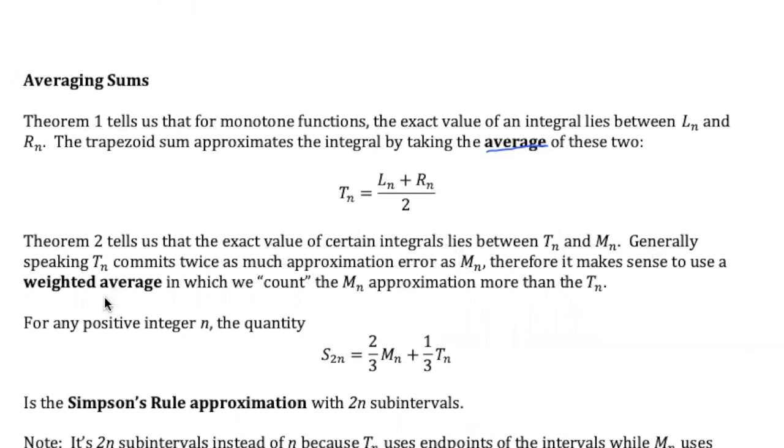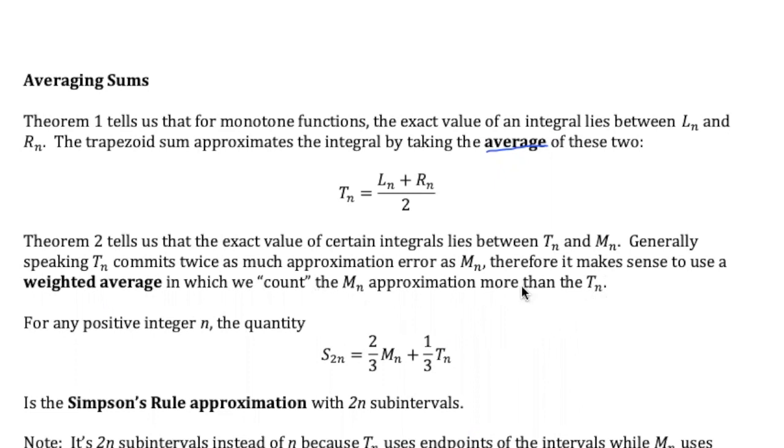Now, generally speaking, the trapezoid gives about twice as much error as the midpoint on the whole. So therefore, rather than just take the average of these two to get a better estimate, we're going to do what's called a weighted average, in which we count the midpoint more because it produces less error, and we weigh the trapezoid sum less because it commits more error.